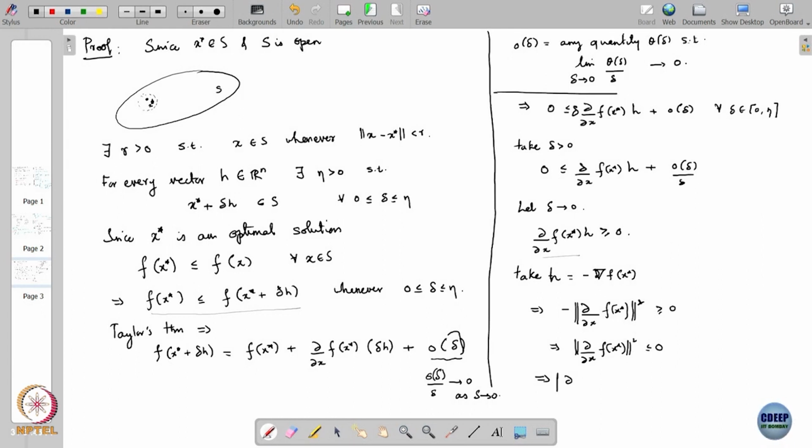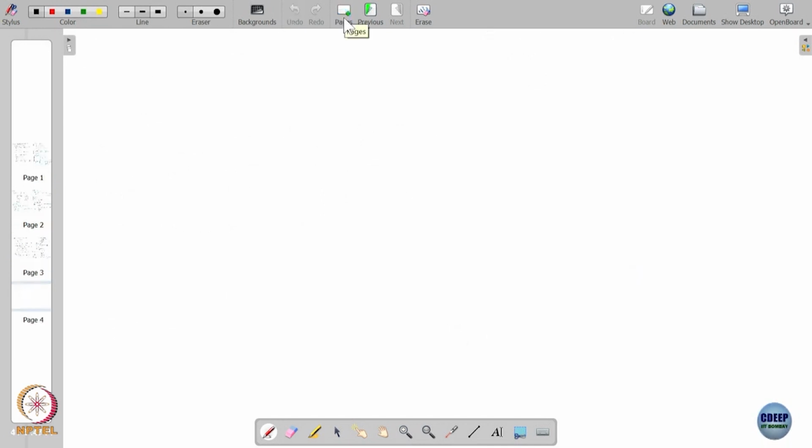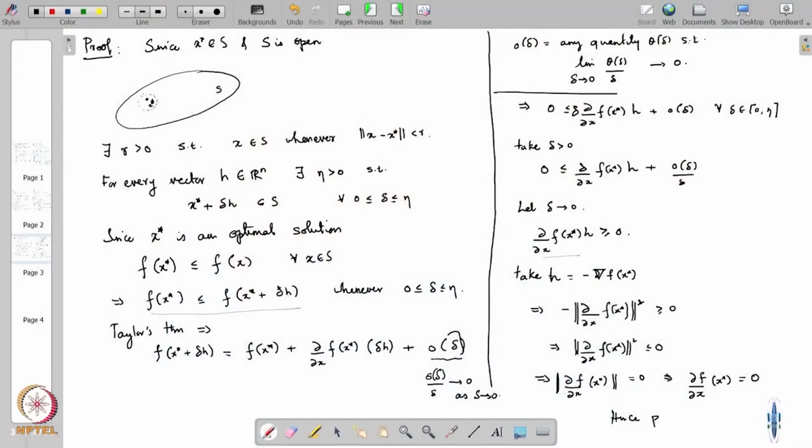So, that proves the theorem. Hence proved.